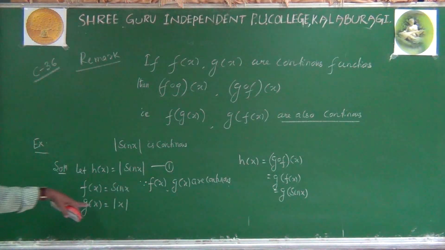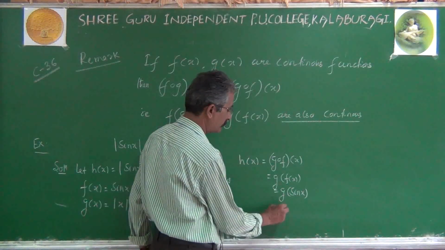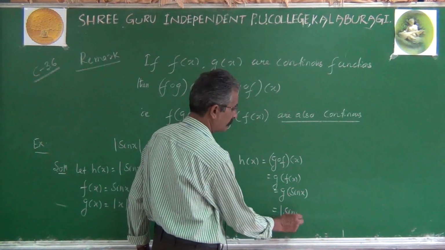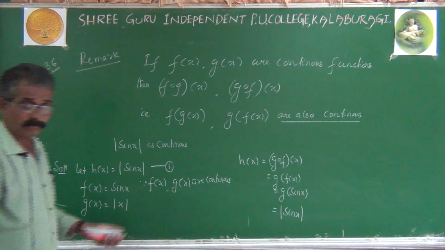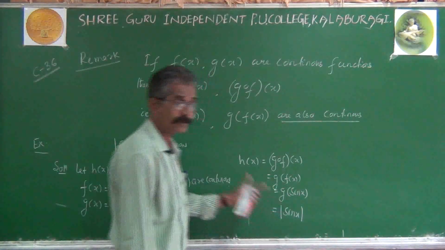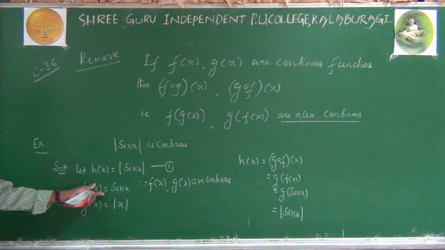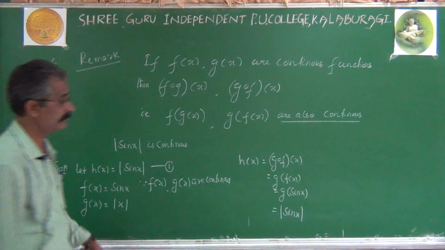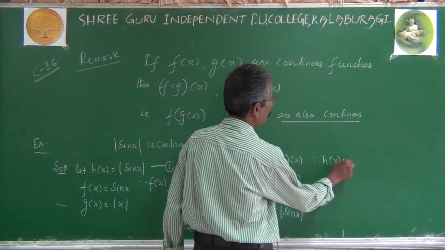Now g of sin x becomes modulus of sin x. And that means modulus of sin x is actually a composition of two functions. That's why it is also continuous, because both f of x and g of x are continuous. Therefore h of x is also continuous.